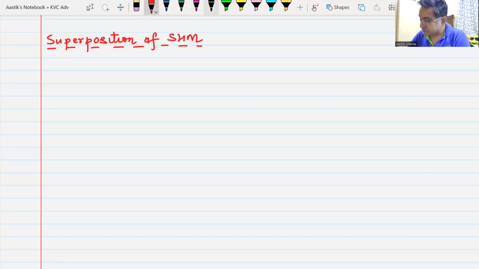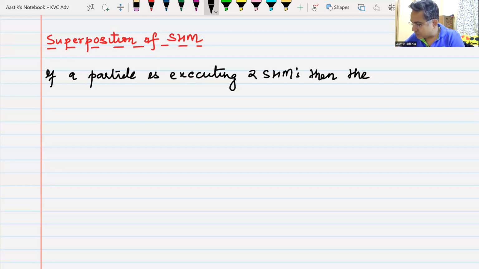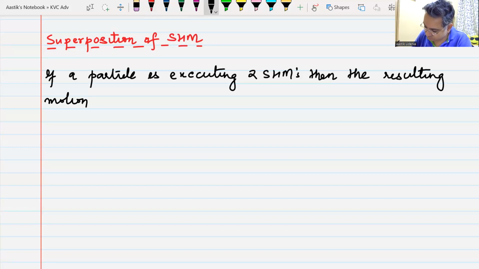Now, if a particle is executing two SHMs, then the resulting motion is found by adding the two SHMs.